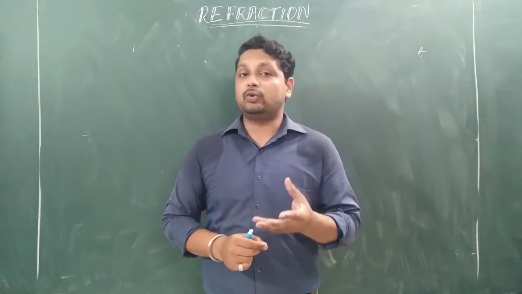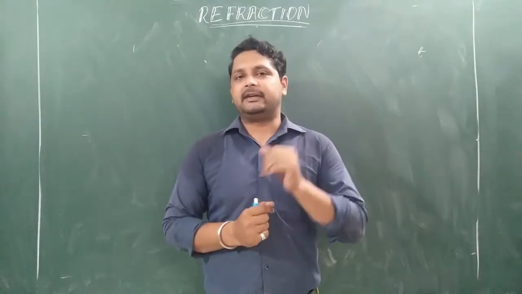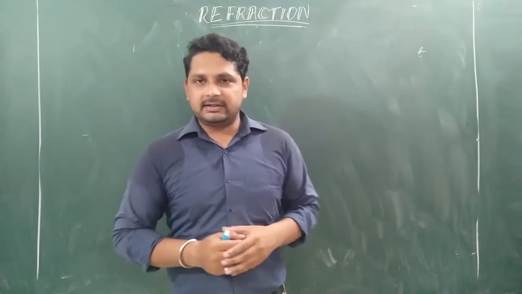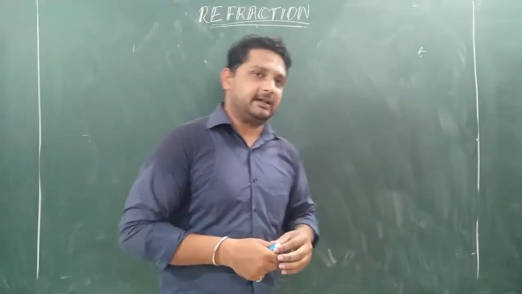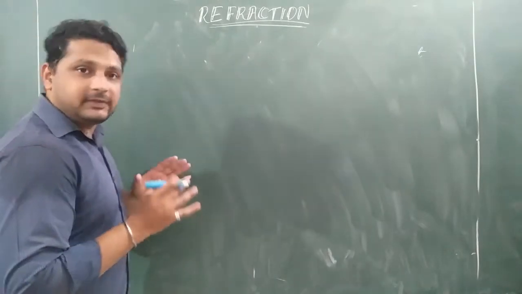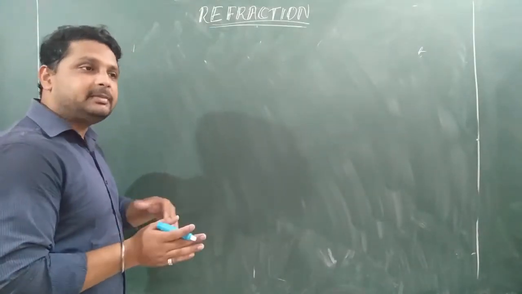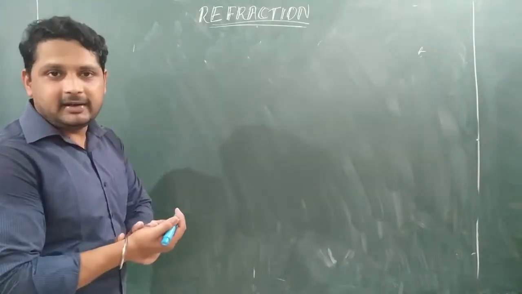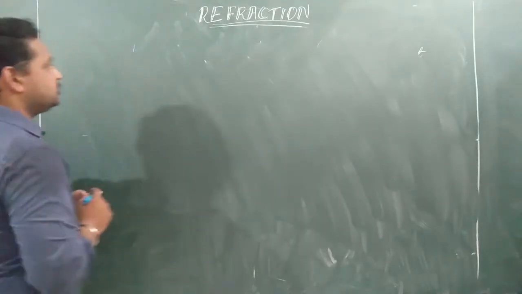But how do we know in which direction the light will bend? Okay, so let's see how it bends and in which direction. So we studied that on the basis of density, a medium can either be a denser medium or a rarer medium. So let's see the two cases.